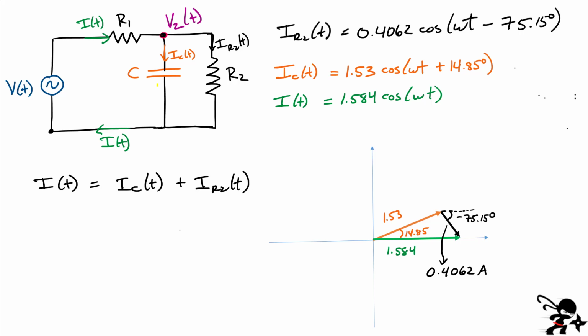However, there are different phase angles. So that's why we use this phasor representation, and that's exactly what we have. This is IC. And this second vector, this shorter one, is IR2. And if I sum those up correctly with the correct phase values, I am going to get what the current I is. Okay? And that is the phasor representation of these currents right here.